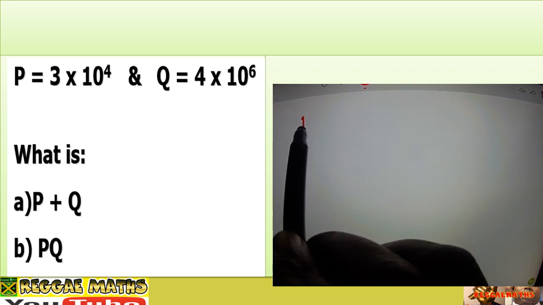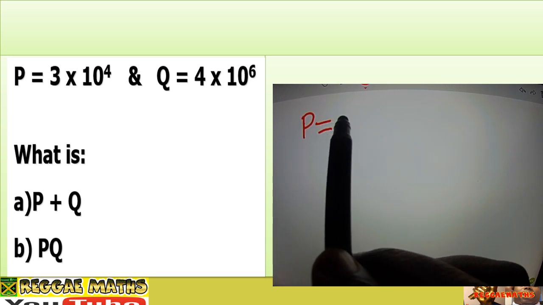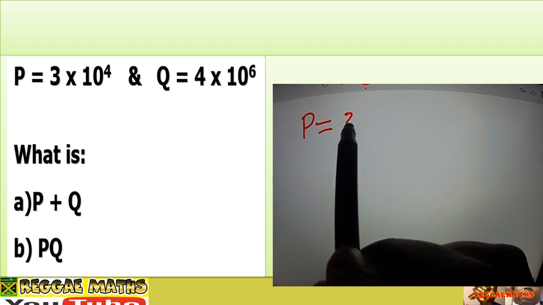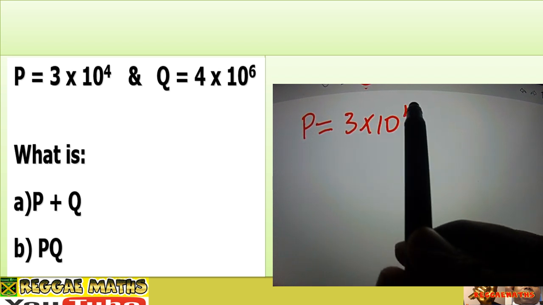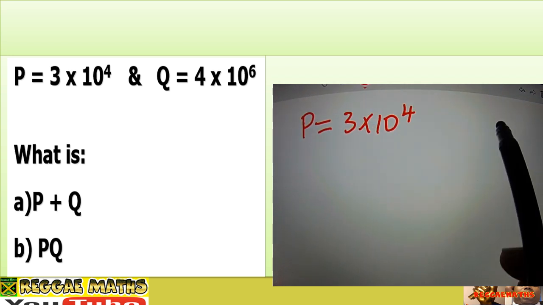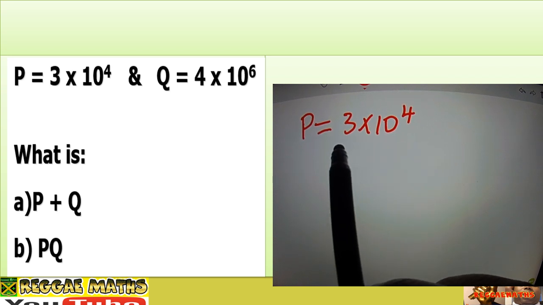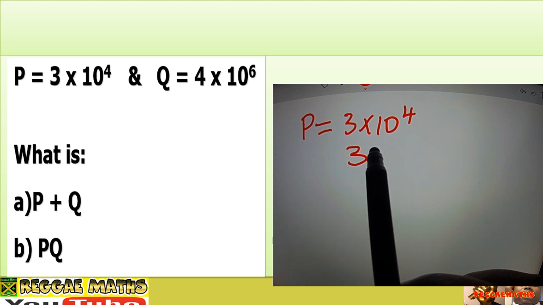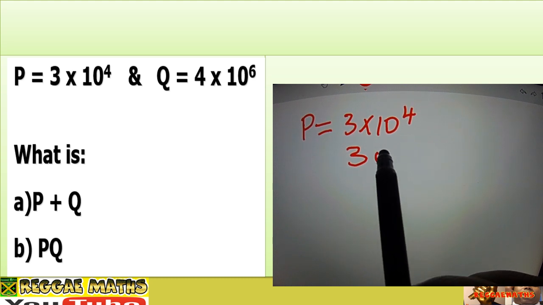So P equals 3 times 10 to the power of 4. So 10 to the power of 4 is 10,000. So 3 times 10,000, that's 30,000.